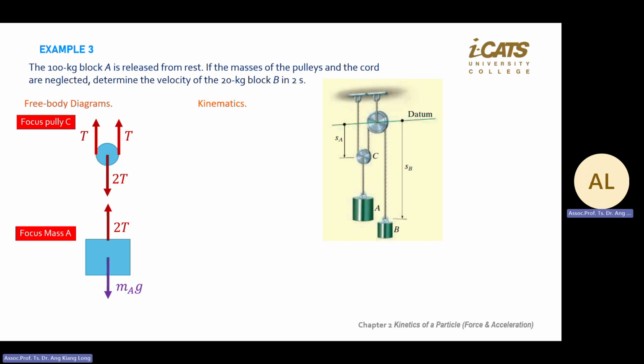Okay, I draw the A first. Pulley and the A, mass A. Mass always has W. And the T here, I write 2T because from this diagram. Careless mistakes will be here. You will assume this one as T. It's not T, it's 2T.